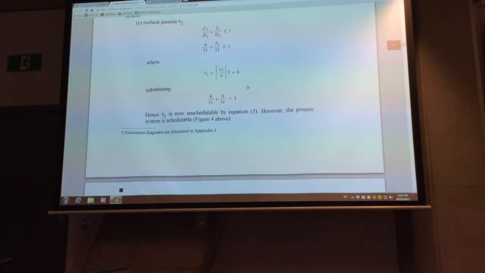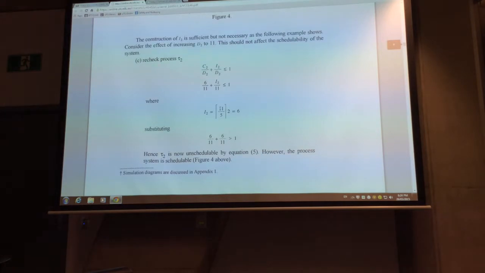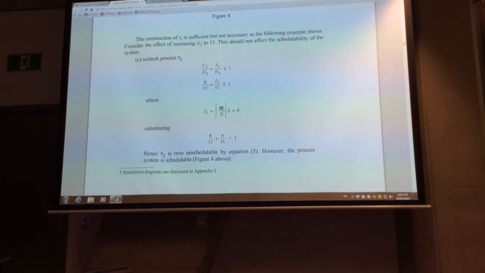We've widened the goalposts. However, when we plug the numbers in here, we can see we've got the ceiling of 11 over 5, which is now 3, times 2 is 6. And so we end up with the inequality here indicating that the tasks may not be schedulable. However, we know that they should be. So he's right.